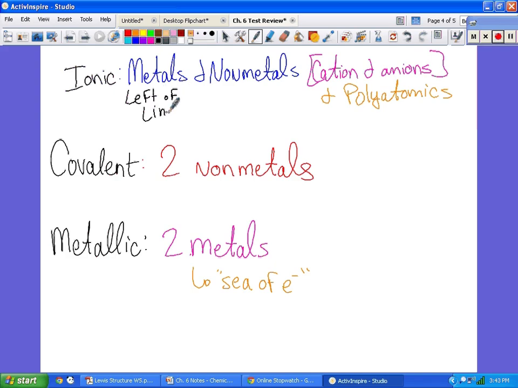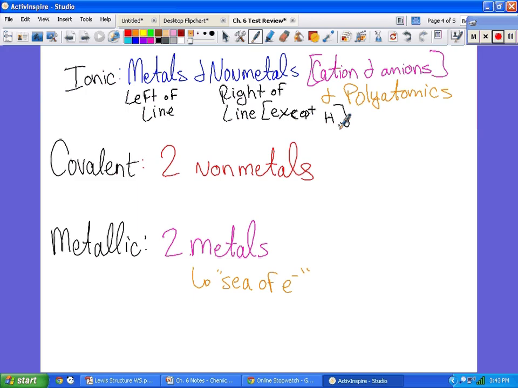Where are the non-metals? Right. There's one exception. What is that one exception? Very good. Except hydrogen. Hydrogen is the only non-metal left of that metalloid line. It's the only one.